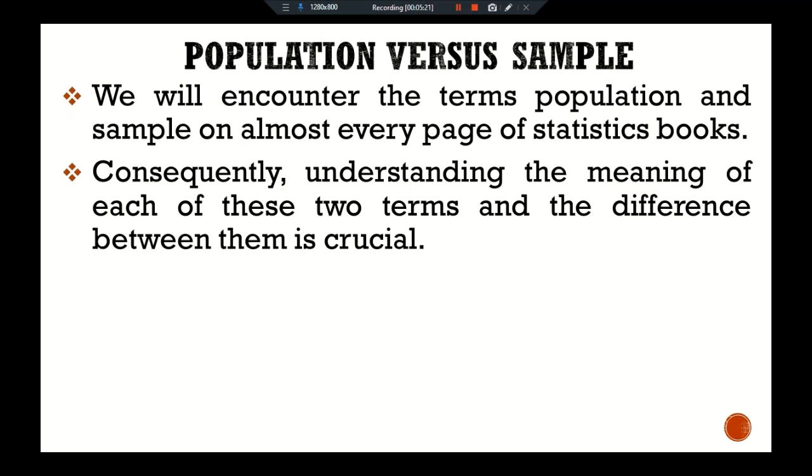In statistics, a population does not necessarily mean a collection of people. It can in fact be a collection of people or of any kind of item such as houses, books, television sets, or cars. The population of interest is usually called the target population.